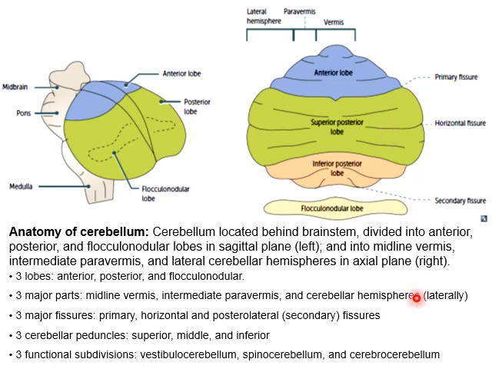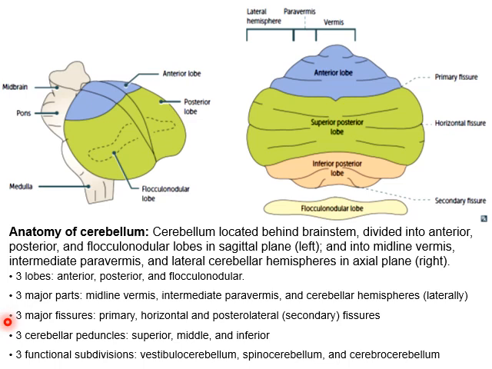When you are studying the cerebellum, you learn that there are three important things repeated. So the number 3, keep it in your mind. The cerebellum has 3 lobes: anterior, posterior, flocculonodular. It has 3 major parts: midline vermis, intermediate paravermis, and cerebellar hemispheres.